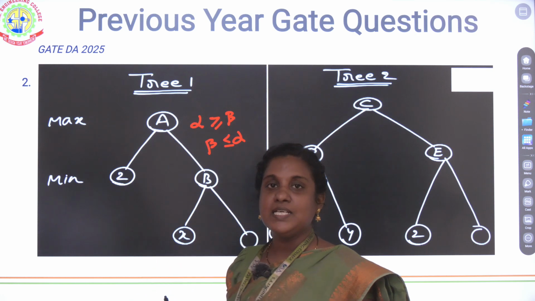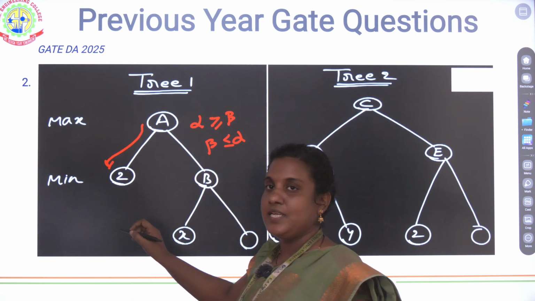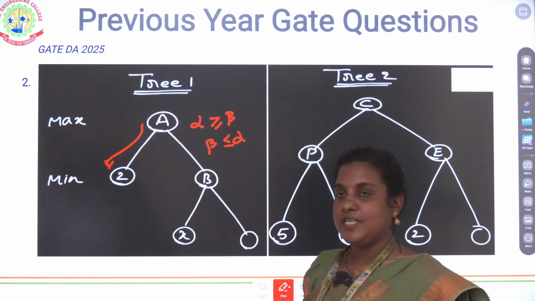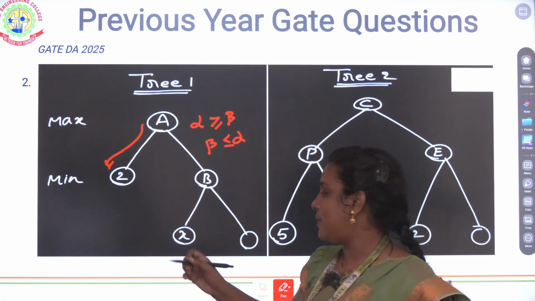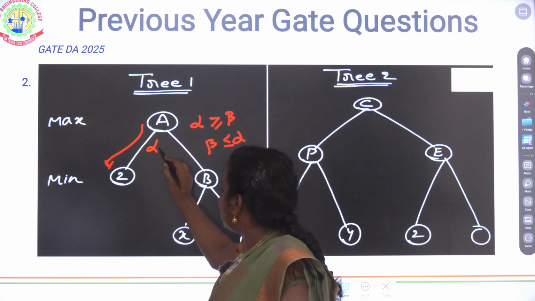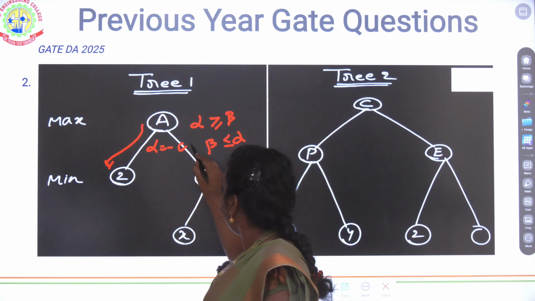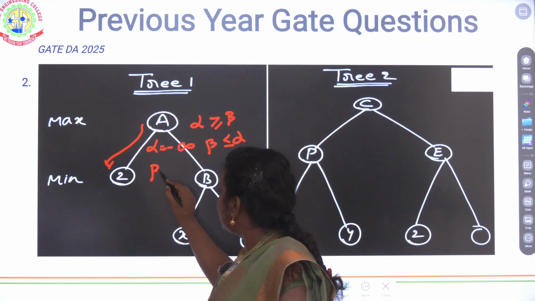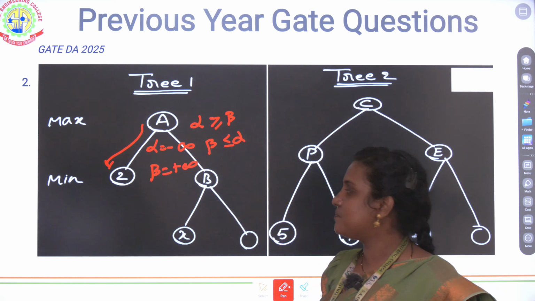Using DFS, it will traverse the left subtree until it reaches the leaf node. We assign alpha as minus infinity and beta as plus infinity.